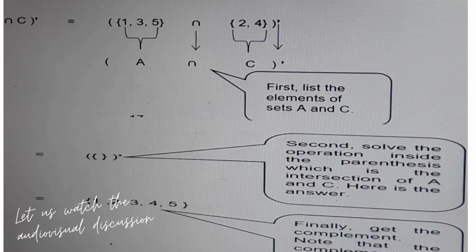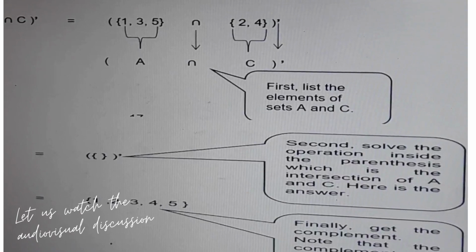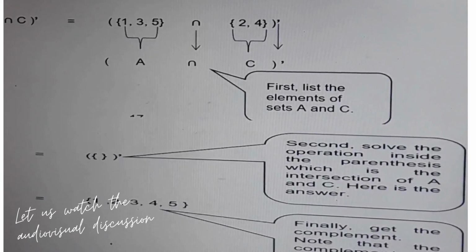And you are required to find the complement of the empty set relative to the universal set. So the A intersection C complement would be all the elements in the universal set: 1, 2, 3, 4, and 5. So that is our answer.